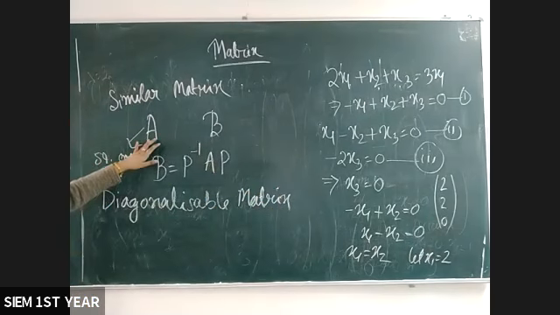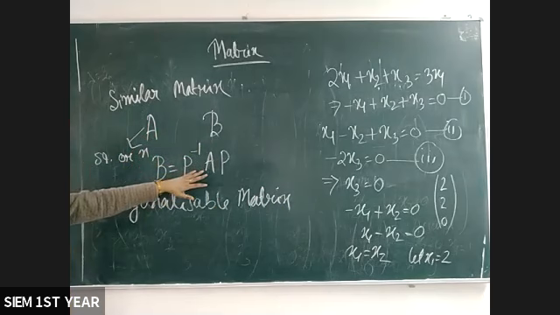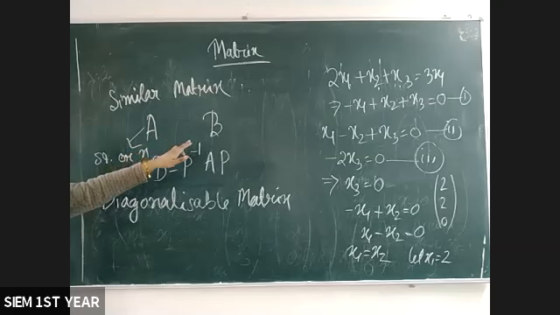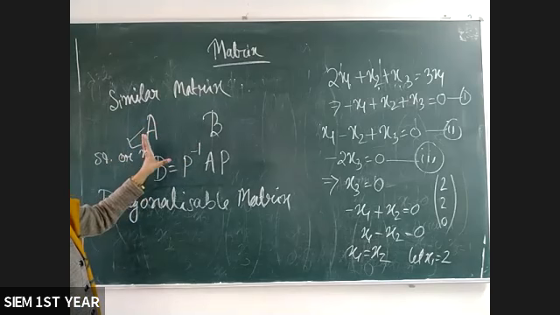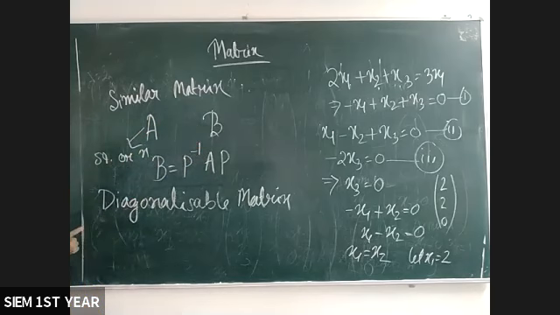So you already know if A is similar to B, then B is equal to P inverse AP. Same concept here. In a diagonalizable matrix, A is similar to a diagonal matrix. Here B is any normal type of matrix, but whenever B is a diagonal matrix, the elements of the principal diagonal are non-zero and the remaining elements are zero.